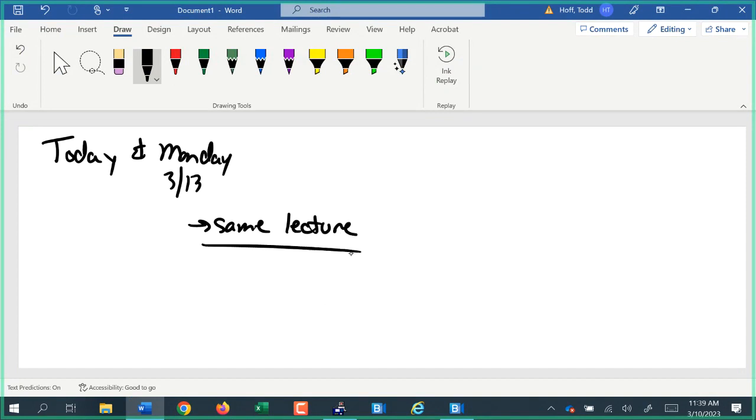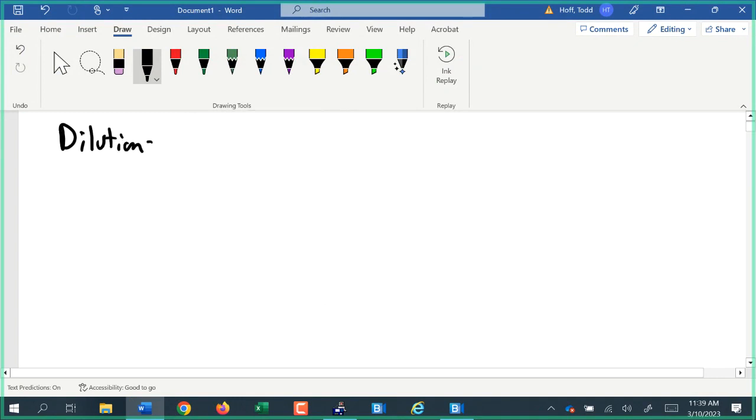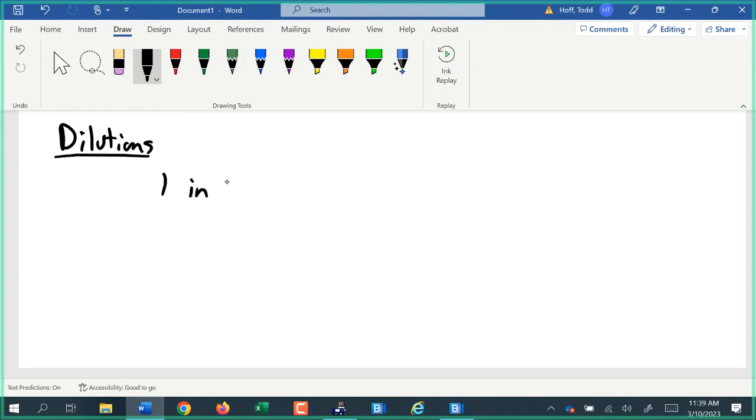So anyway, where we left off on Wednesday, we were talking about dilutions and how it fit in with our solution concentration formula. Well, dilutions, if you looked at a 1 in 6 dilution, if you recall, that was saying that ratio of 1 to 6, the 1 represented the parts of serum.